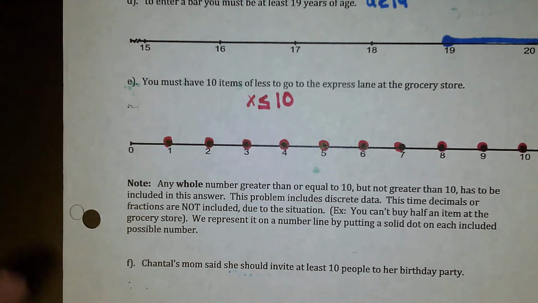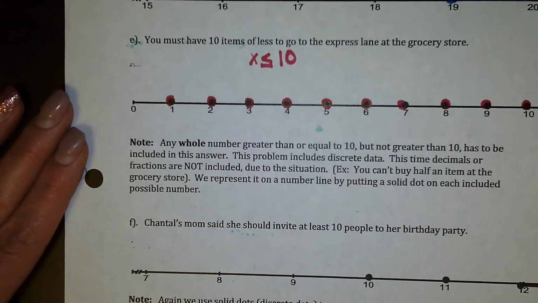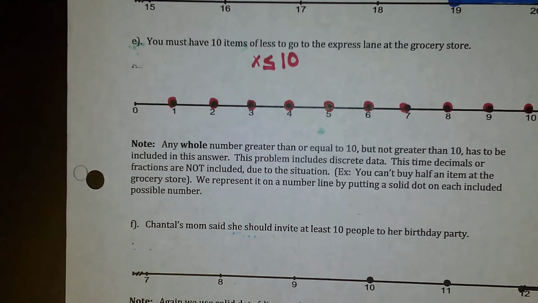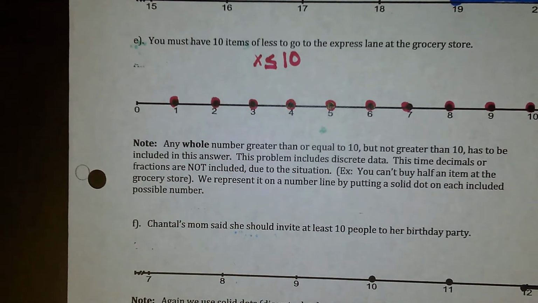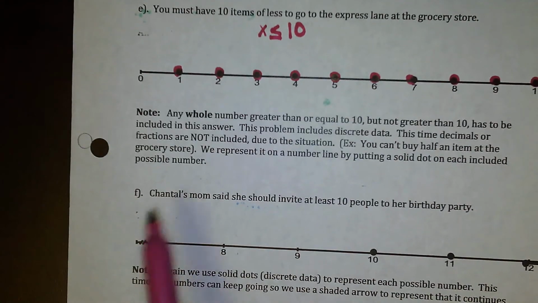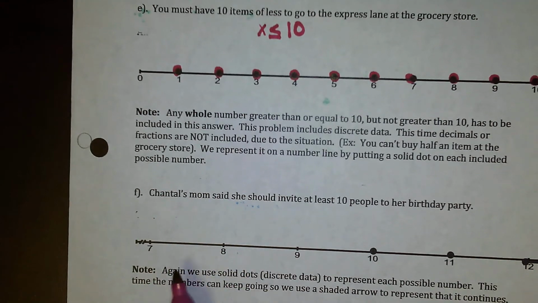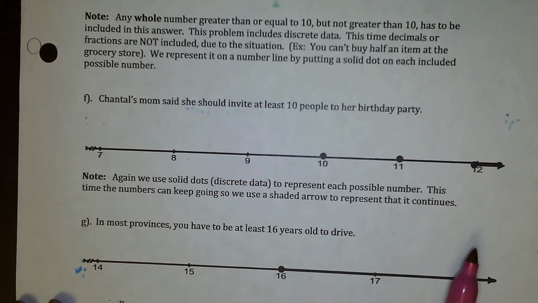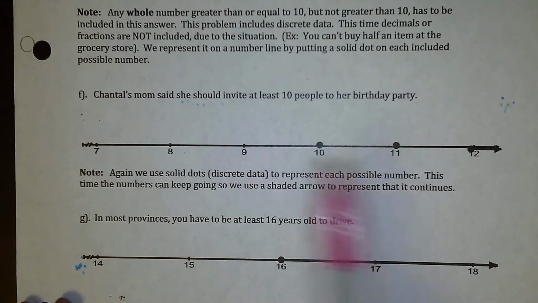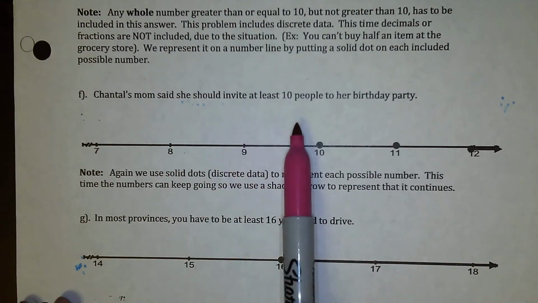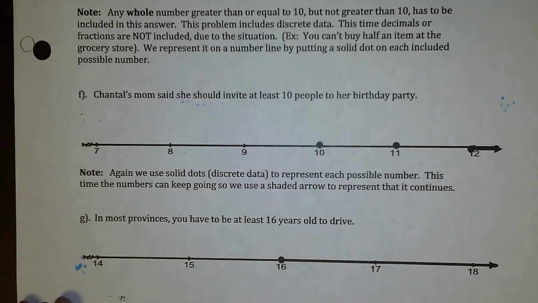Just kind of like you're only allowed to have 50 people in Walmart right now. I don't actually remember the number, but you're not going to have half people going in, so if we were to do that example, we would just have points. Okay, so some other quick examples just like that one. Chantel's mom said she would invite at least 10 people to her birthday.